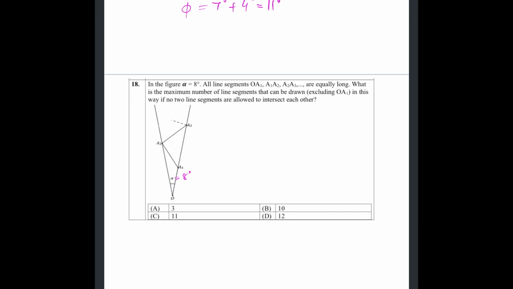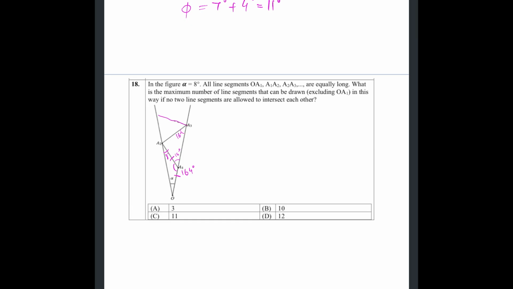So when we notice this is equal to this, this angle here is also 8 degrees, and this angle here is 180 minus 8 minus 8, which is 164 degrees. So this will be 16 degrees, and this will also be 16 degrees. This is an isosceles triangle.